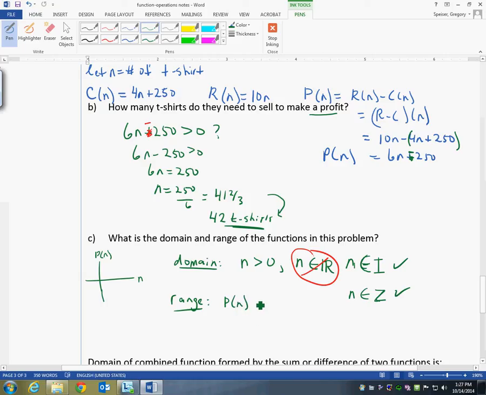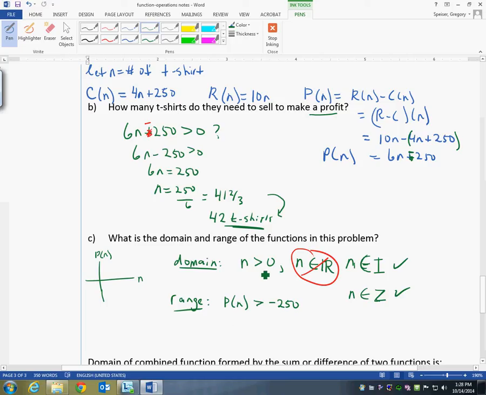The profit has to be greater than negative 250. And I guess in this case it is integers, but I think that's a coincidence because everything is in dollars. But I think we could just say the profit has to be greater than negative 250.